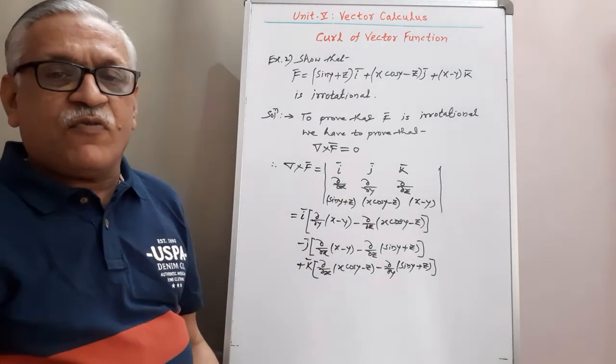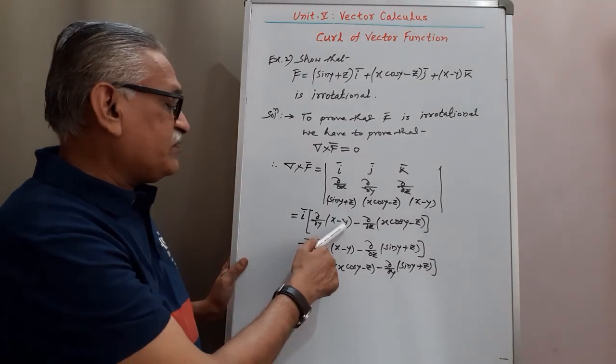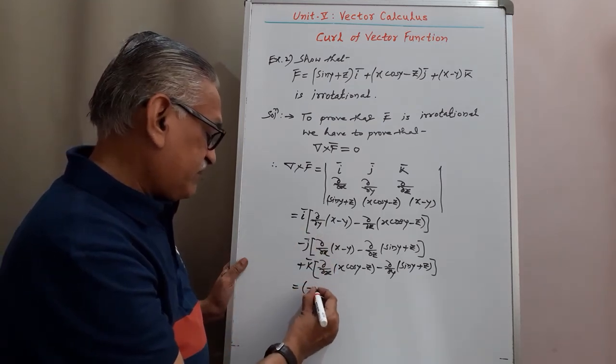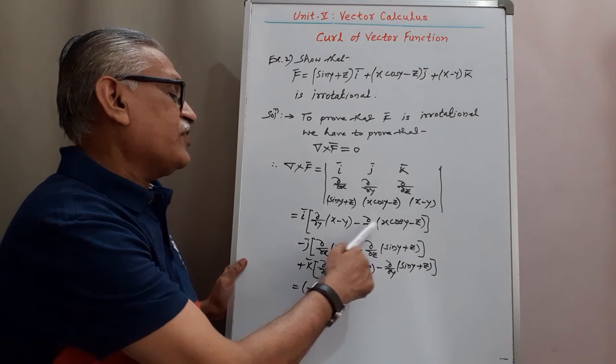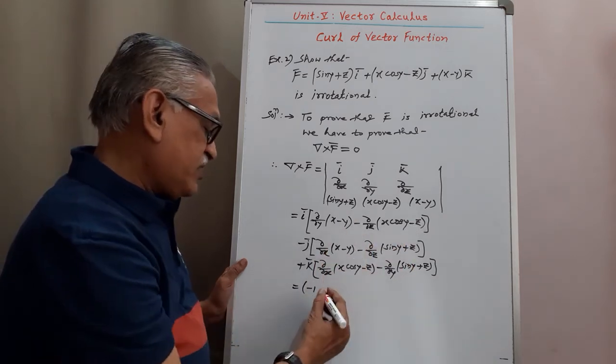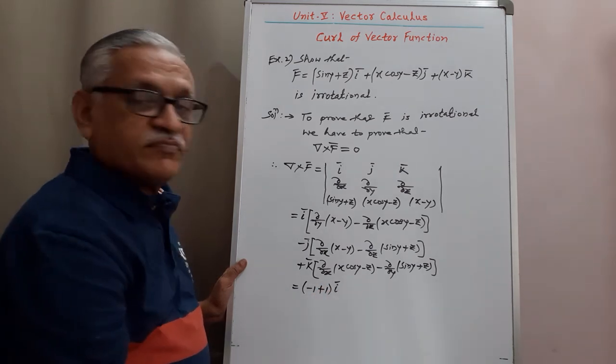And then obtaining that partial derivative, we get differentiation of this term with respect to y is minus 1. Differentiation of this term with respect to z is minus, and this minus, it becomes plus 1 into i.